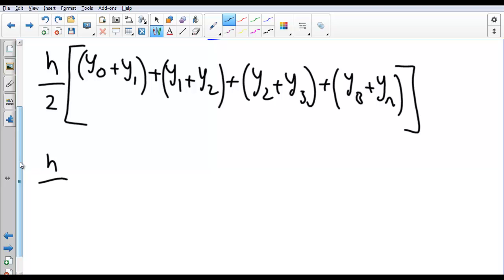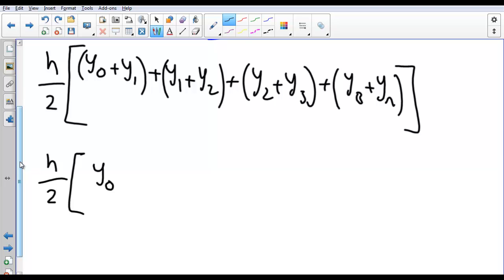Hold on. Can we make it easier? H over 2. Don't need brackets. How many y? Have we got one of those? Okay. Y0. How many? We've got 2 of those. And 2 of those. And 2 of those. All the way till the last one.